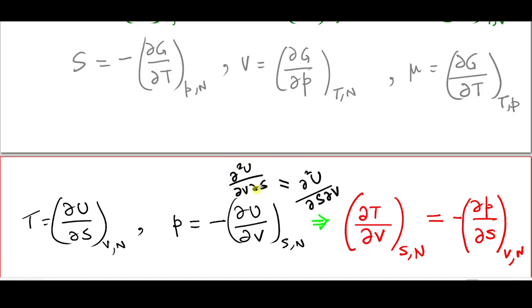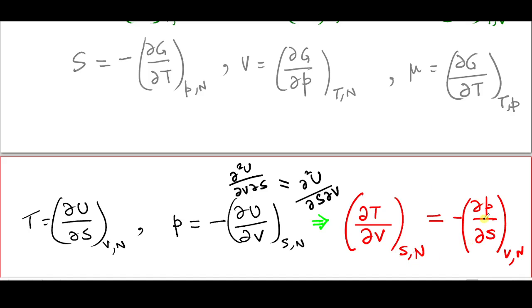And as long as the functions are smooth, these two mixed partial derivatives are equal to each other. This allows us to equate these derivatives. Del T del V at constant S and n is equal to minus del P del S at constant V and n.